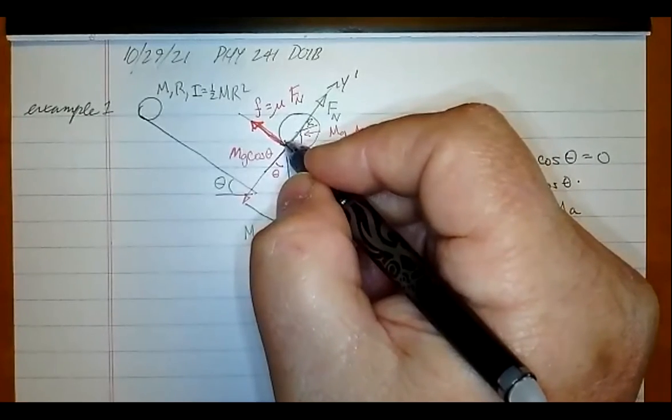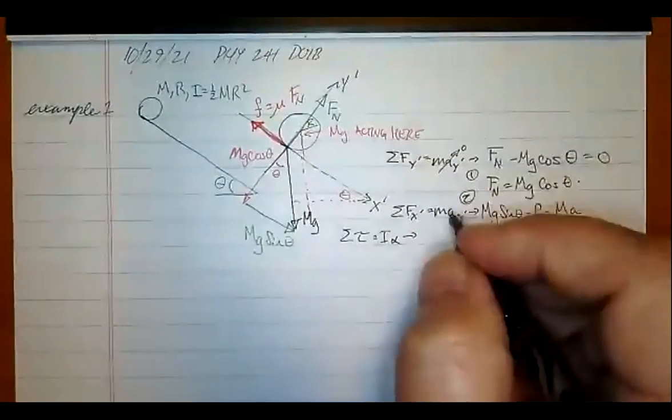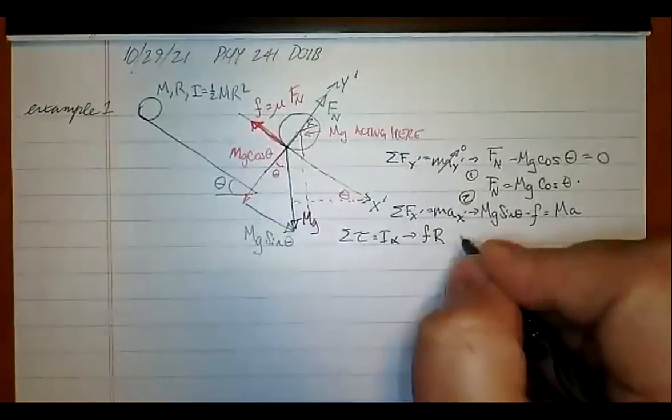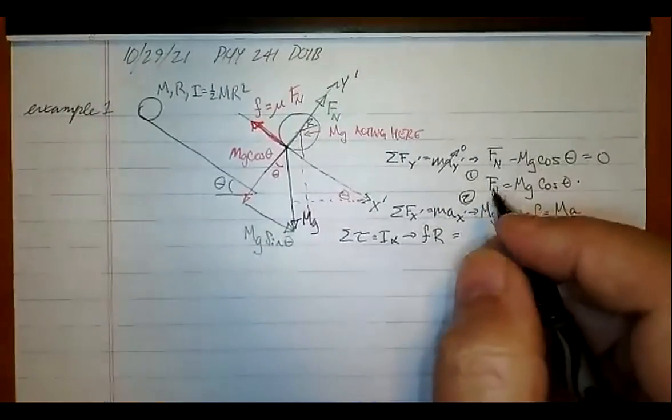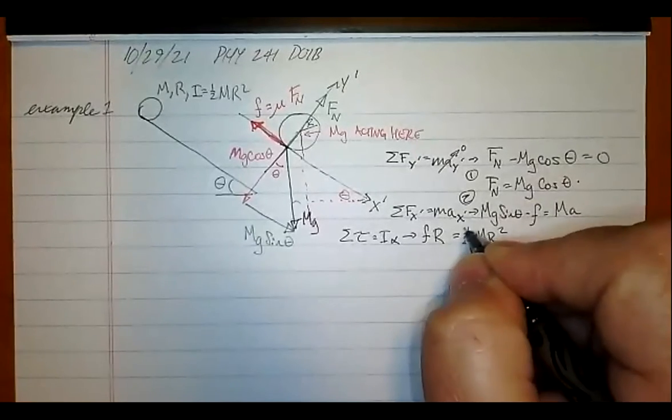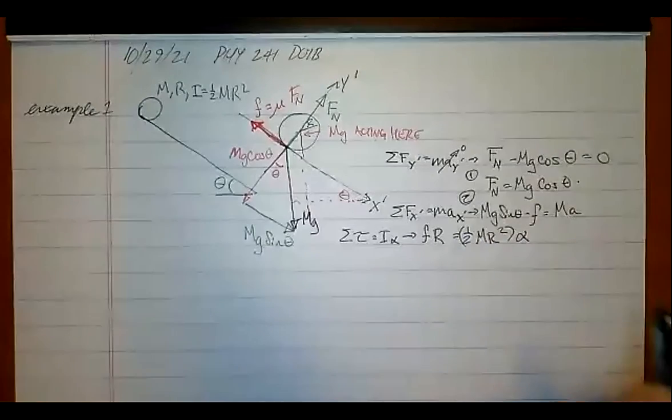So we already have F perpendicular times r. All I have to write is F times R, that's the torque, and that's equal to I, but I, remember, is 1/2 mr squared times alpha.